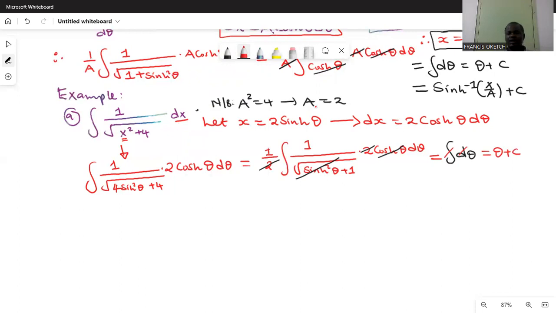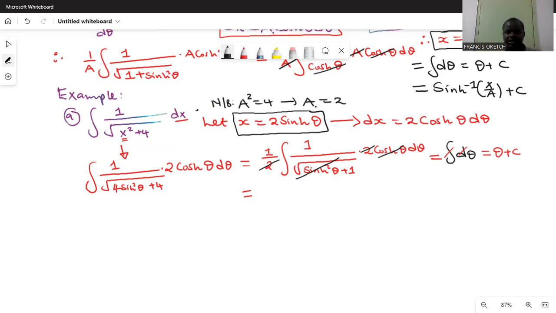So that is our answer, but it is advisable that you leave your answer in terms of x. So we must replace theta. You need to check, where have we defined theta? You realize that our theta came from this equation, that x is equal to 2 times sinh of theta. So make theta the subject. If I divide by 2, we'll have x over 2 is equal to sinh of theta.